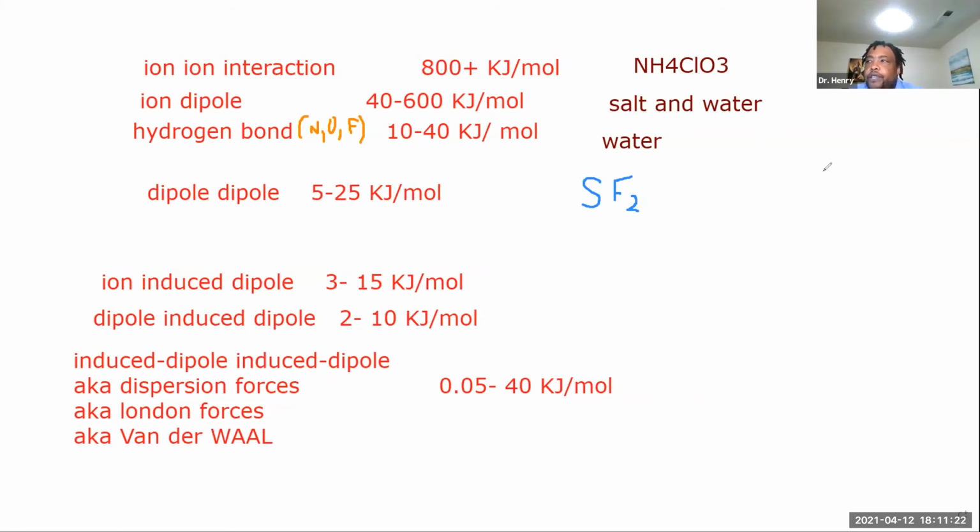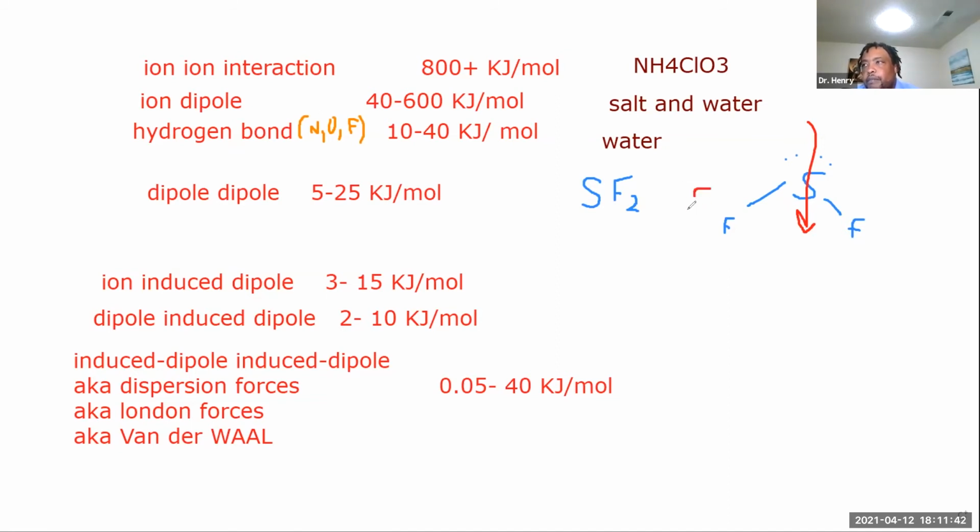So if we had two of these interacting together, it'll be like this. And then the molecule will be favoring going in that direction towards the two fluorides, right? And so it'll be polar.